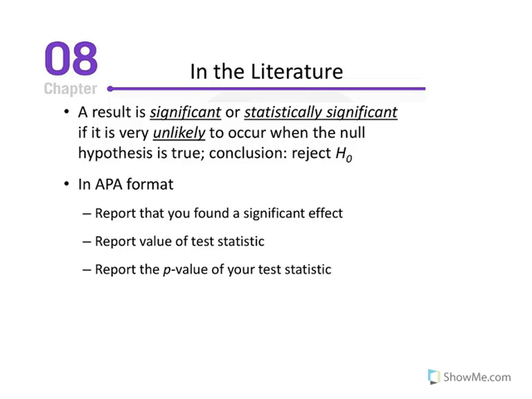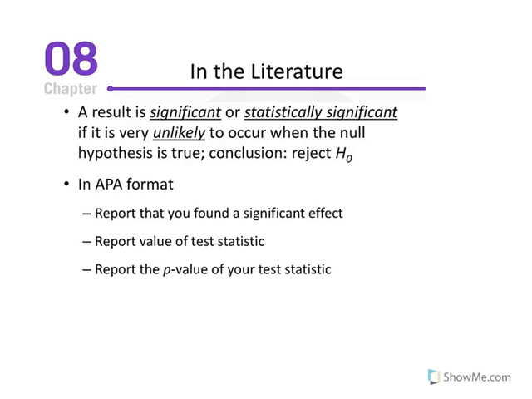There is special language and notation required when you publish the reports of a hypothesis test. Again, a result is significant or statistically significant if it is very unlikely to occur when the null hypothesis is true. In this particular example, we did see that the z-score or test statistic fell in the tail, and therefore it was deemed very unlikely to occur if the null were true.